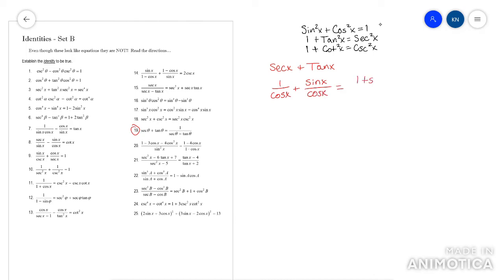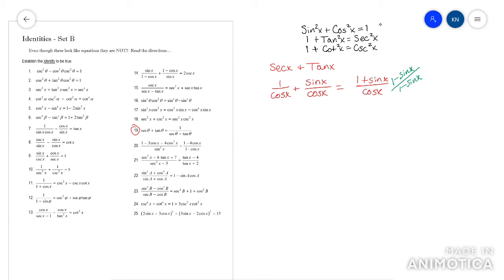So 1 plus sine over cosine. And if you get here, you're probably going to get kind of stuck. You're going to have to hit this with the conjugate of 1 plus sine, which is 1 minus sine.